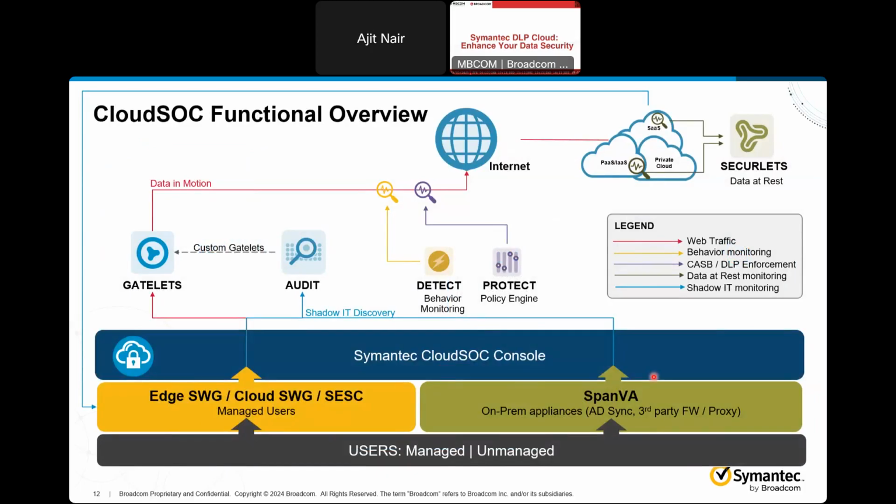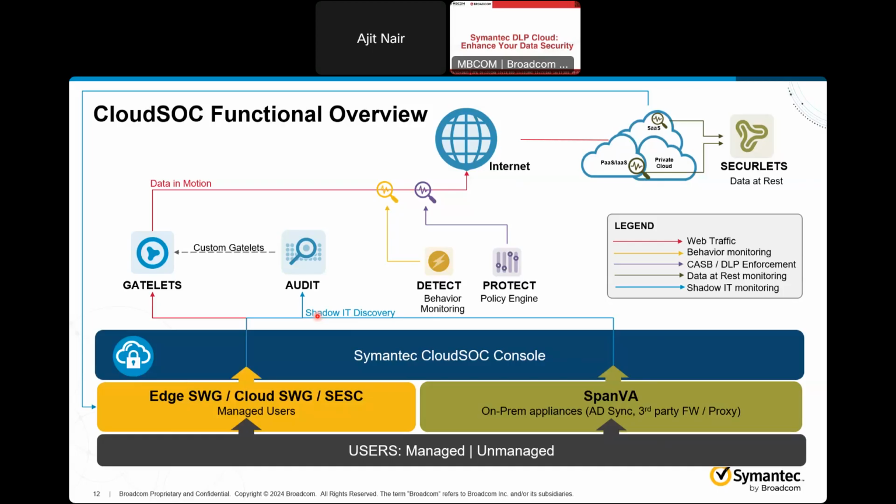DLP Cloud is composed of CloudSOC CASB and those CDSs which I mentioned in the previous slide, CDS for email and CDS for ICAP, right? But let's focus on the functionalities over here. CloudSOC can be used to identify risky applications, those shadow IT applications, by analyzing network traffic logs, which can be sent directly from an on-prem proxy, such as the Symantec proxy solution, the Edge SWG, or even the Cloud SWG.